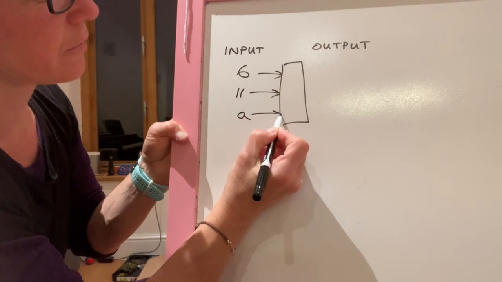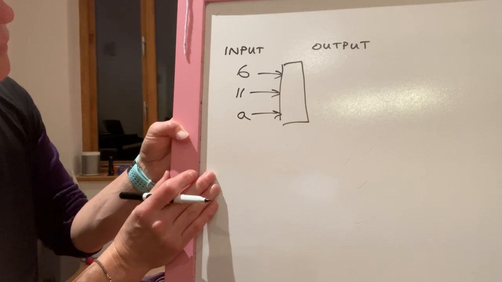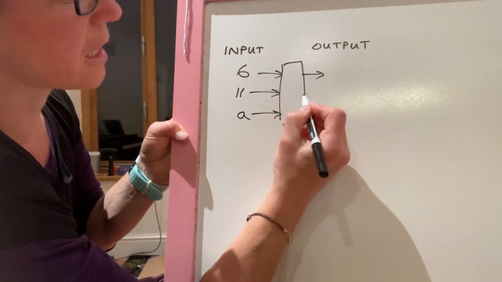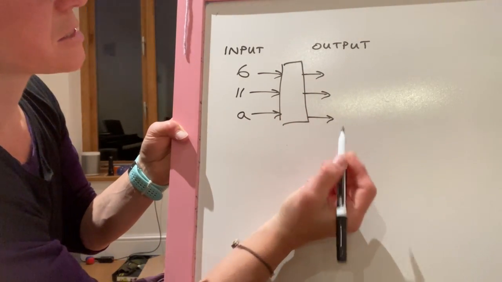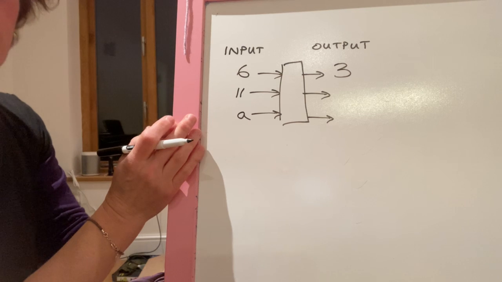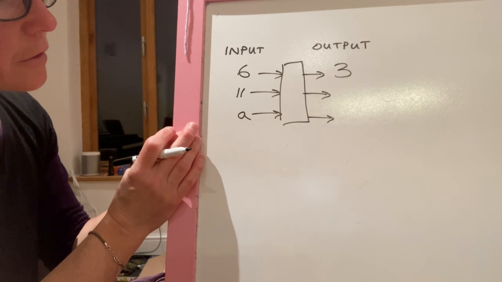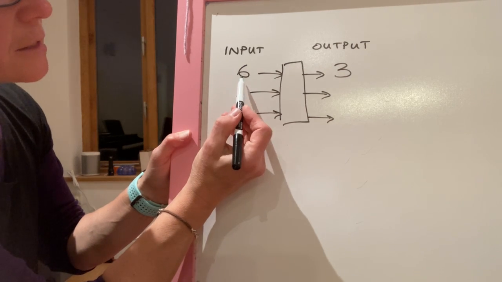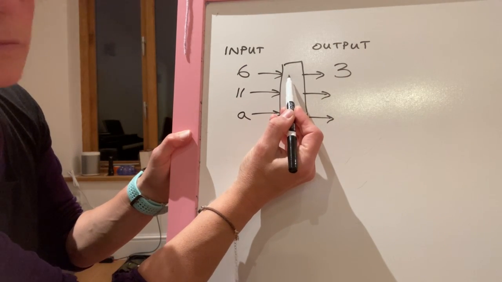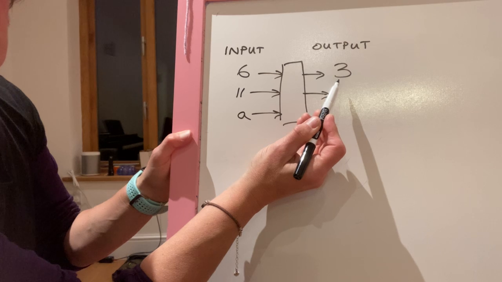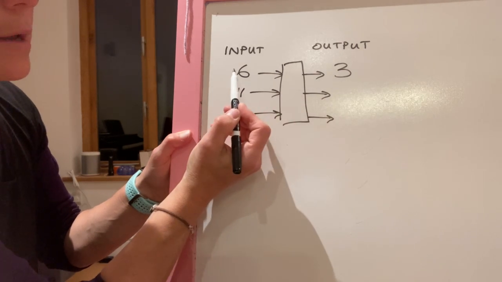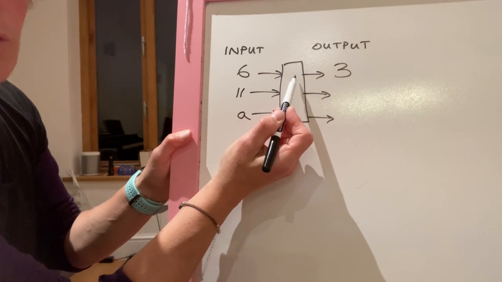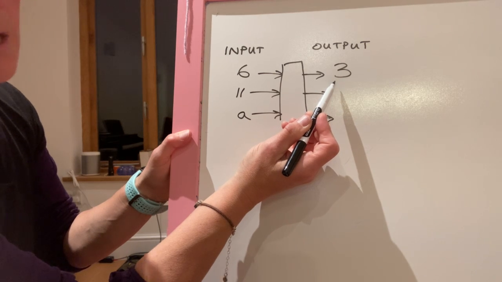Each of these numbers goes in and out the other side, and this one goes to 3. So you can see the numbers got smaller. Could it be 6 subtract 3 to give us the 3? Or maybe it's 6 divided by 2 to give us 3.